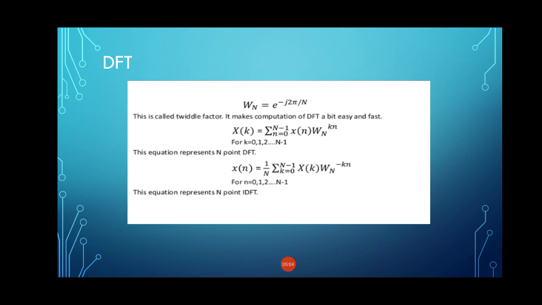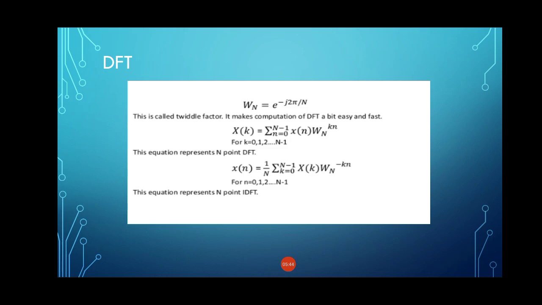Now if we break omega, the frequency, into N pieces, each angle will be twice pi by capital N into k, where k goes from 0 to N minus 1.